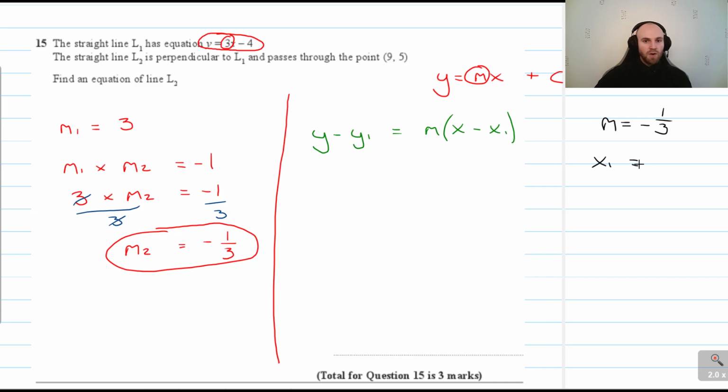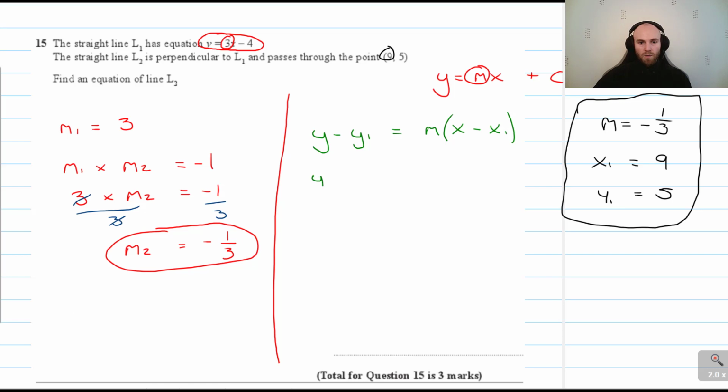And like I said, we've already got the point that is on line 2. So x1 is going to be 9 from here, and y1 is going to be 5.